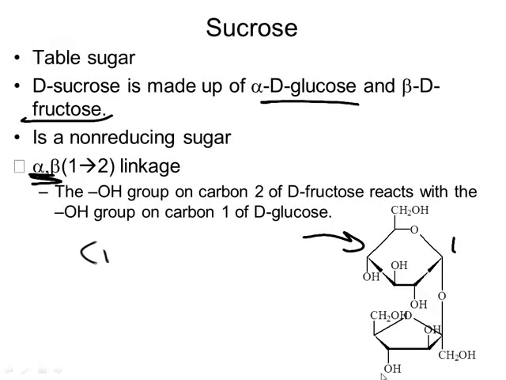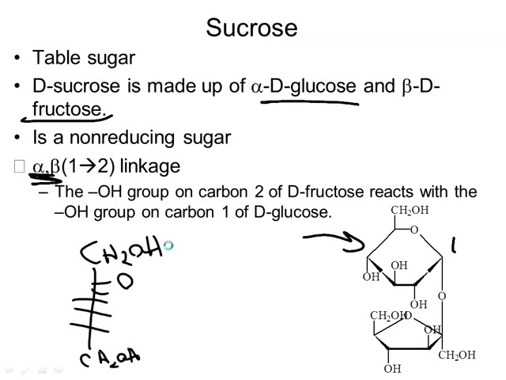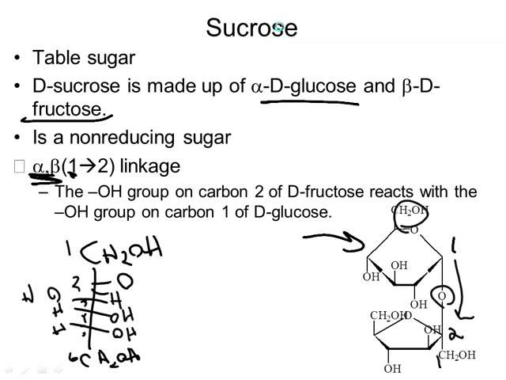Remember, D-fructose looks like this. So what we get is this is carbon 1, 2, 3, 4, 5, 6. So this is carbon 1, 2, right? So this is connected from 1 to 2. The first one is alpha, but the second one is beta, so it's an alpha, beta, 1,2 linkage.